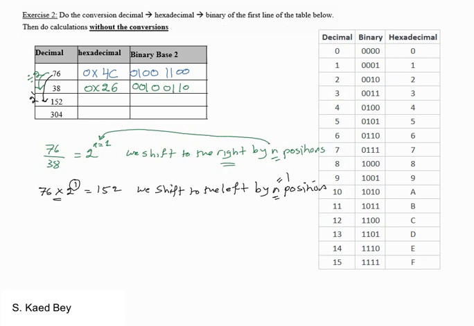Going back to the same binary representation, we need to shift this left by 1. This will give us the following number: 1, 0, 0, 1, 1, 0, 0, and then we have to add the extra 0. So we have just shifted to the left by 1 position.